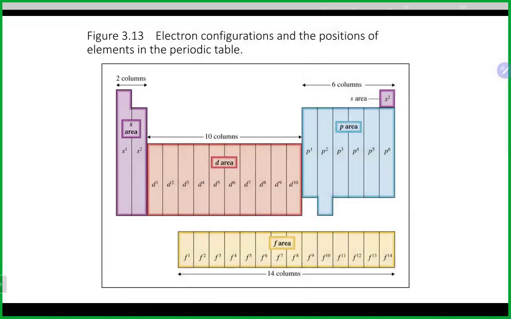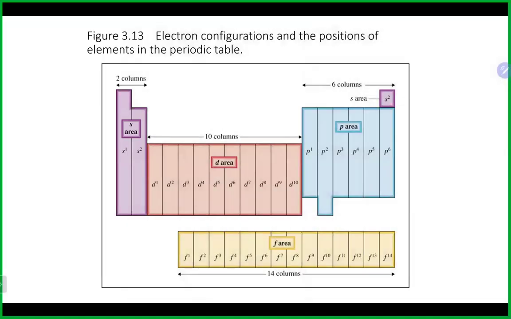Okay, so let's just talk a little bit about the periodic table and electron configuration. You actually can count off electron configuration on the periodic table. I don't know if I would recommend it per se for certain things, but you definitely could do it.